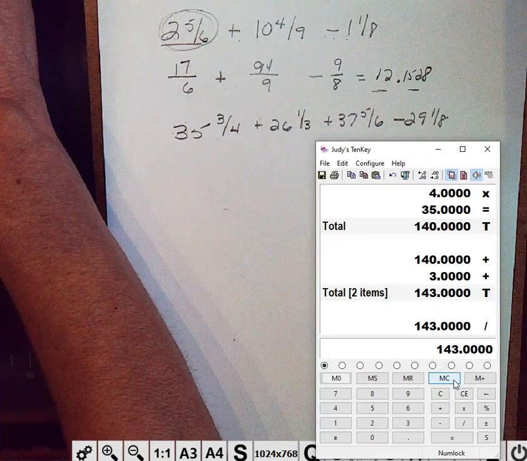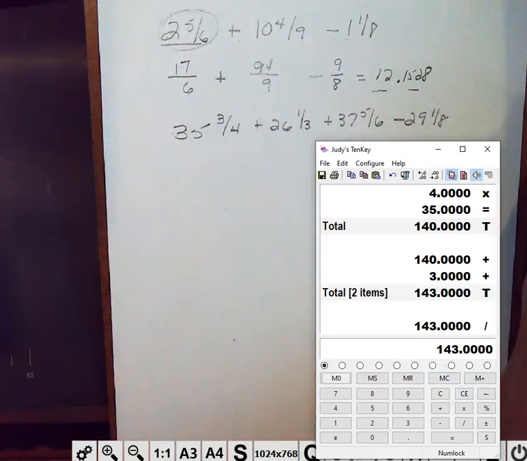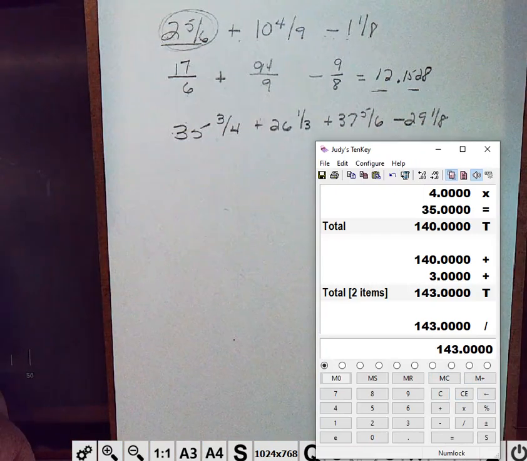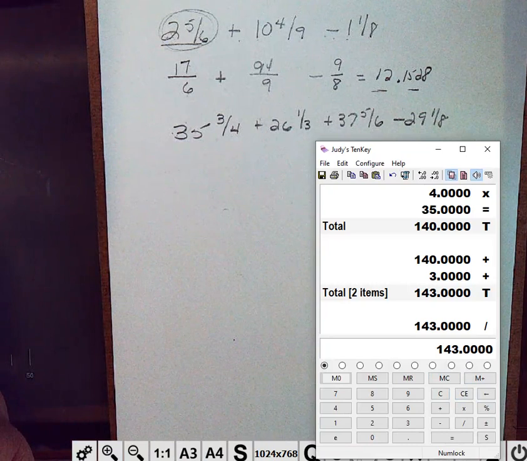No, put that into memory. That's our decimal. So you could work it that way. You could multiply the denominator by the whole number and then add it to the numerator and put that into memory. So that's one way.